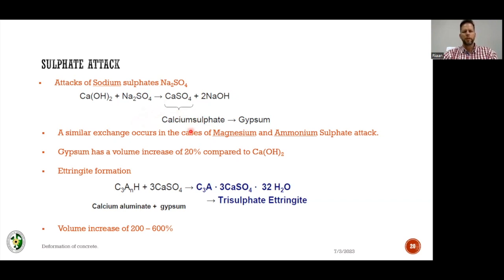A very similar exchange happens with magnesium and ammonium sulfate attacks. The next step that happens is ettringite formation. Once it starts, there's a concurrent bunch of things happening. Your C3A then reacts with your calcium sulfate, forming your trisulfate ettringite. Now, trisulfate ettringite, very interesting, is 2 to 6 times more expansive in volume.